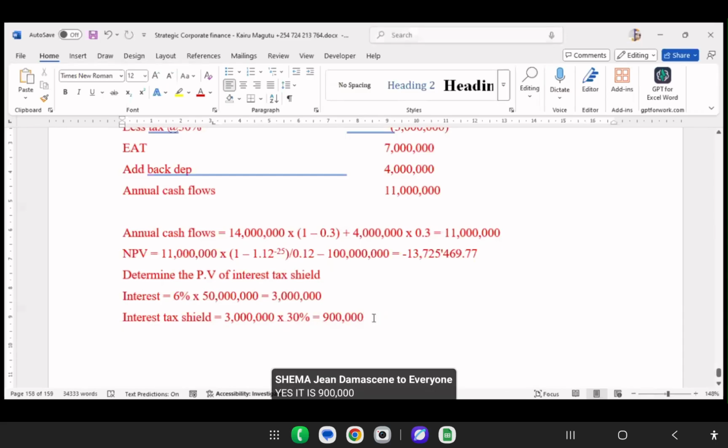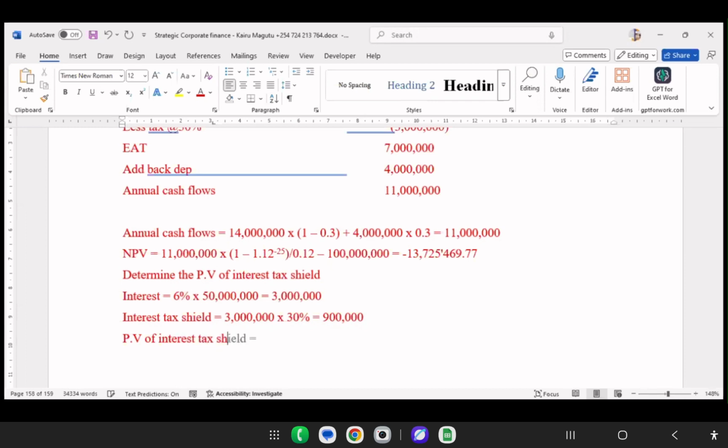Now we compute the present value of interest tax shield. Now the issue of interest tax shield, we are assuming that when you are not given the risk-free rate, you assume that the interest rate is risk-free.